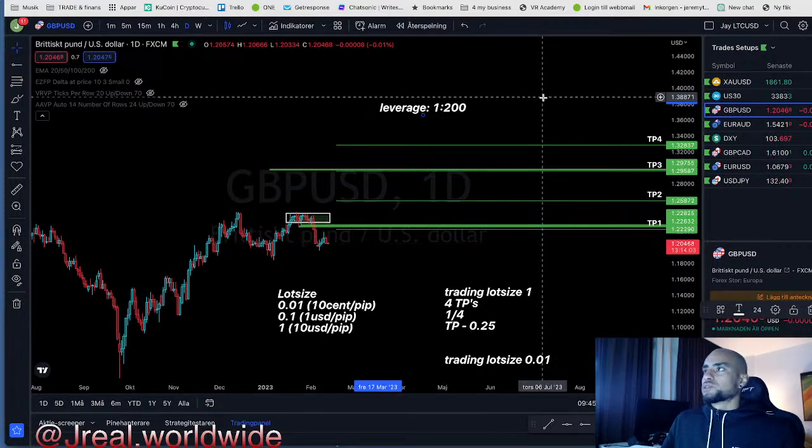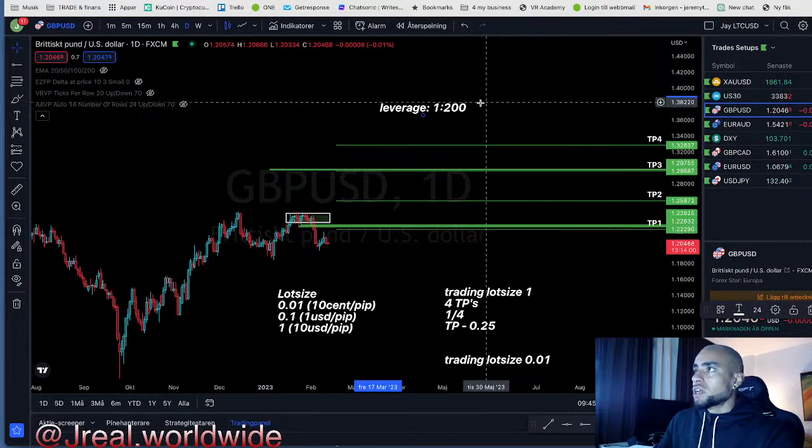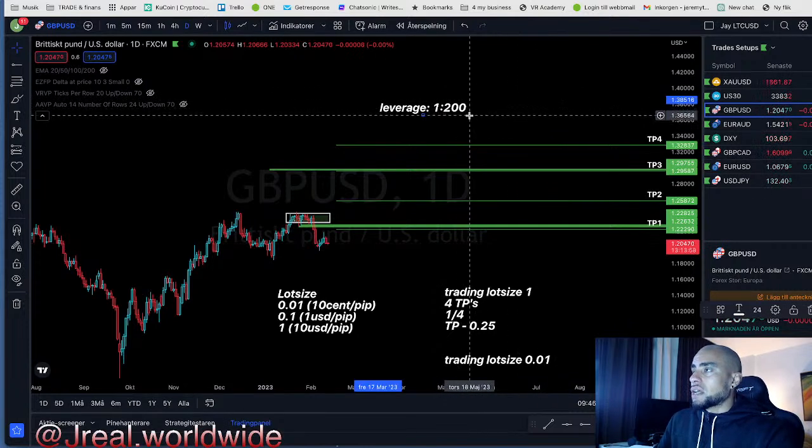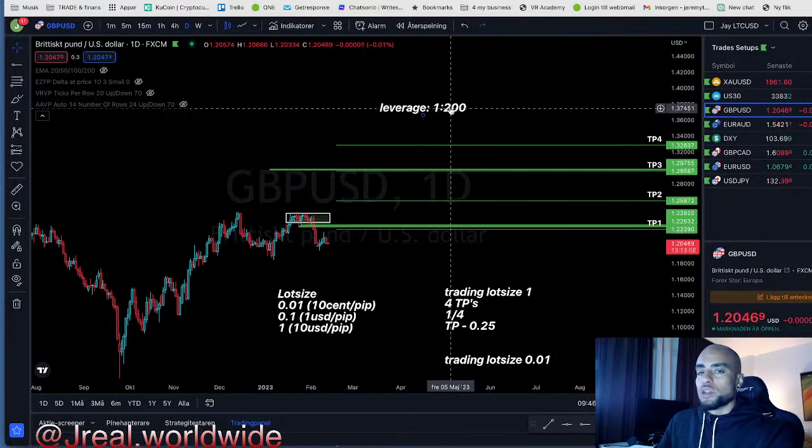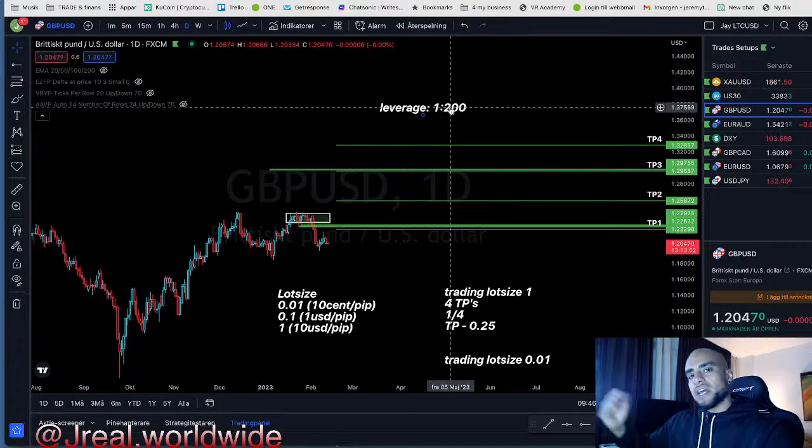All right. So when you sign up with a broker, choose no higher leverage than 200 if you don't know what you're doing, if you're not an experienced trader, and start with a demo account so that you get hands-on experience of how it is to trade. You get a feeling for it.